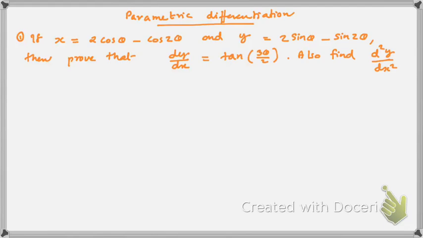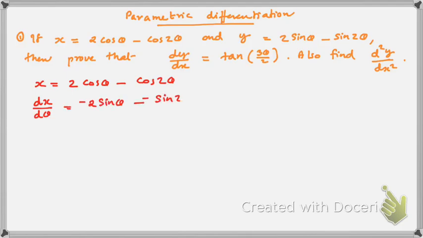So let's look at this. I have got x given to me. So I copy that. x is 2 cos theta minus cos 2 theta. Since x is a function of theta, I can differentiate x with respect to theta, that is dx by d theta. 2 cos theta, derivative of cos theta is minus sin theta, so 2 cos theta gives minus 2 sin theta.